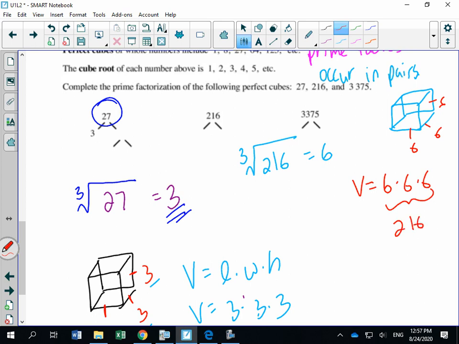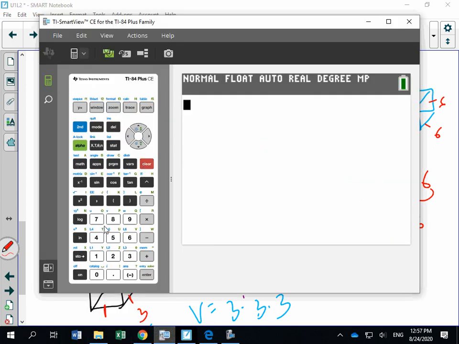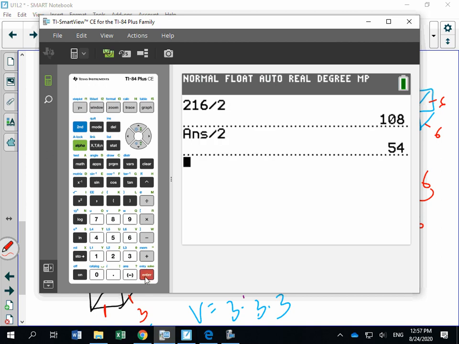Now, let's do this using prime factorization. I'm only going to do 216 with you, and then we'll do the next page. So let's break down 216, and let's start dividing it by 2. Now we're going to see if this is a perfect cube, and we know it is. 216 divided by 2 is 108. That divided by 2 is 54. Then 27.